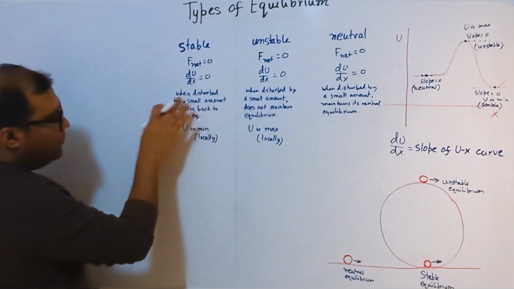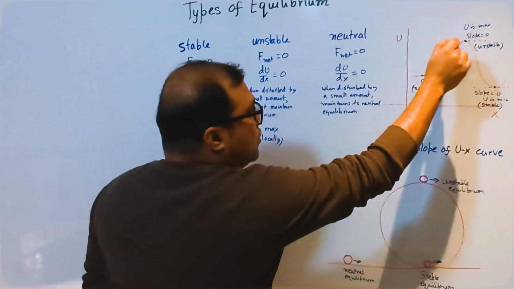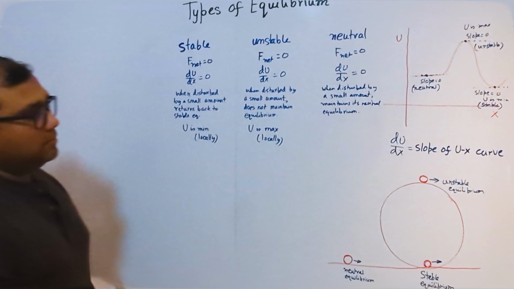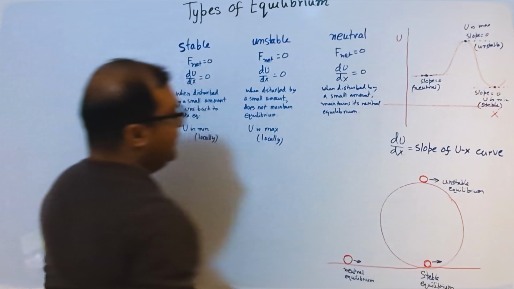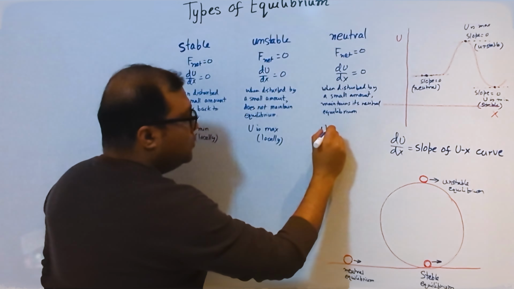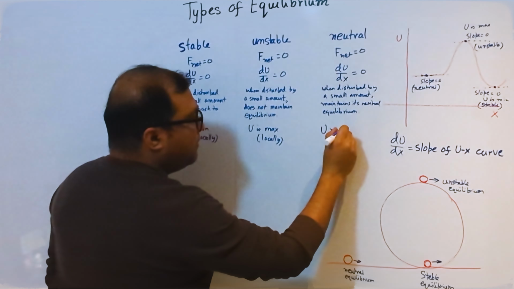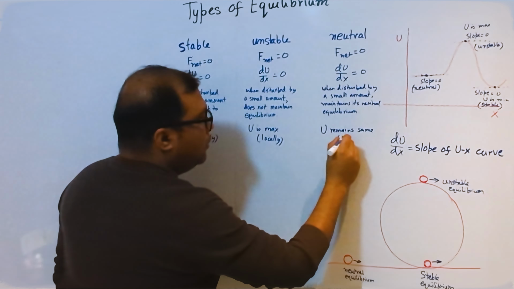The reason we are saying when disturbed by a small amount, in this local area, U is maximum or U is minimum in this local area. That's important, okay? And here U remains same. Again, I will write locally.